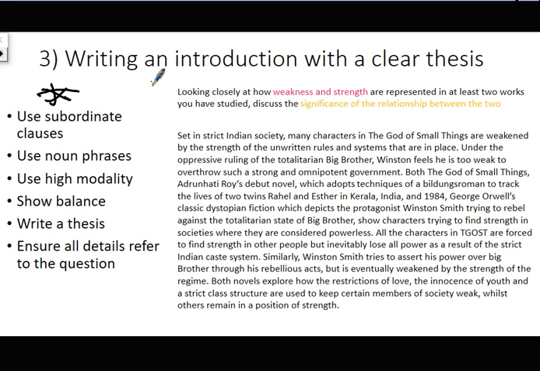Okay, so that's our introduction that we've written after we've planned, and we're going to go through why it's a good introduction. So the use of subordinate clauses. Now you will notice here and here start with subordinate clauses, which means that it is only after the comma that the main clause comes.